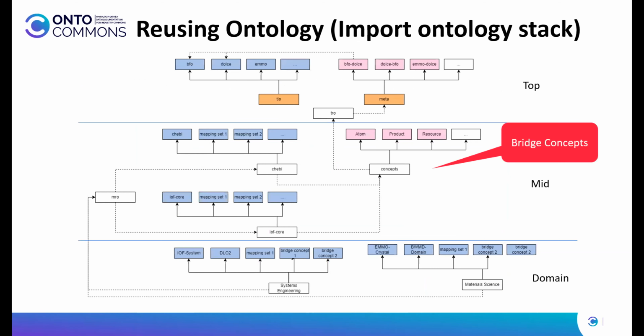To show you where in the stack of ontologies the bridge concept comes in, they are mainly at the mid-level and the upper domain level. This is where we try to develop new bridge concepts.